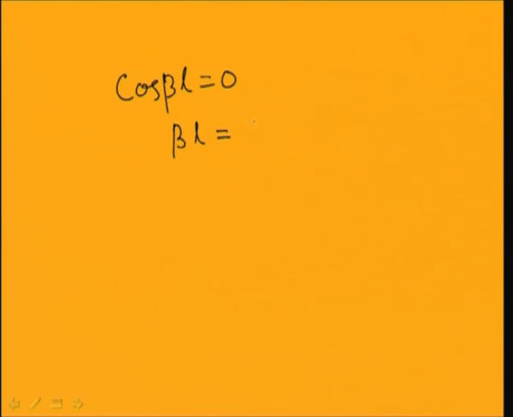It is similar to the case of the cantilever beam: βL equals (2n+1)π/2 for n greater than 5. So for n greater than 5 you can take βL equal to (2n+1)π by 2. For higher modes, the cantilever beam and this fixed beam have the same frequency.